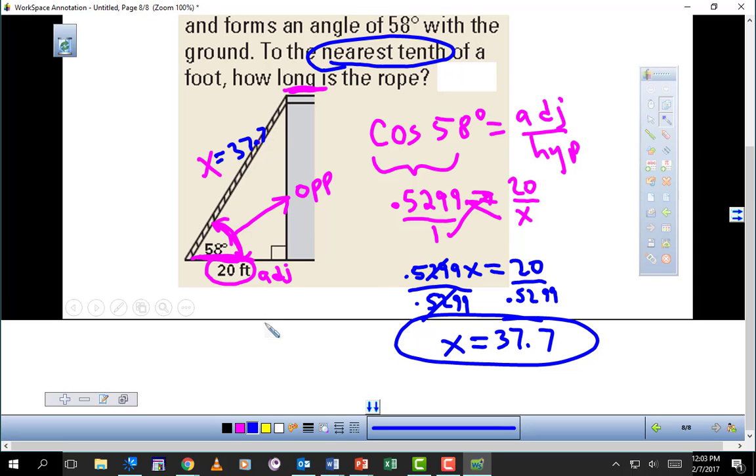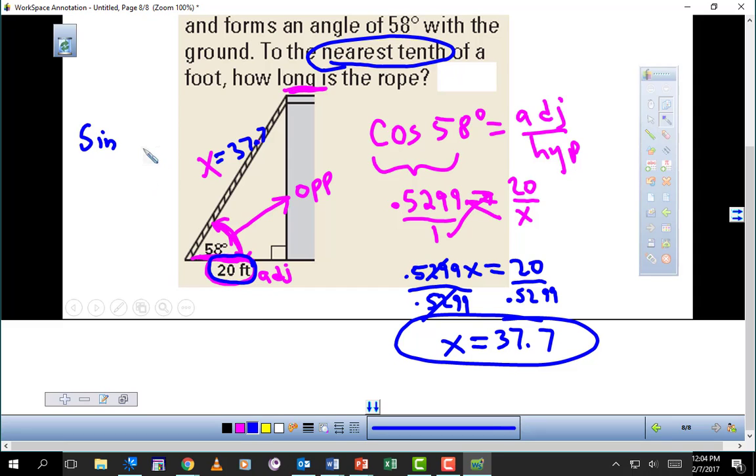Now, by the way, what if I wanted to use the sine? What could I have done to use the sine? I want you to realize there's multiple ways to do these things. So take a look here. What if I were going to use the sine instead? The only side that I know is 20 here, right?